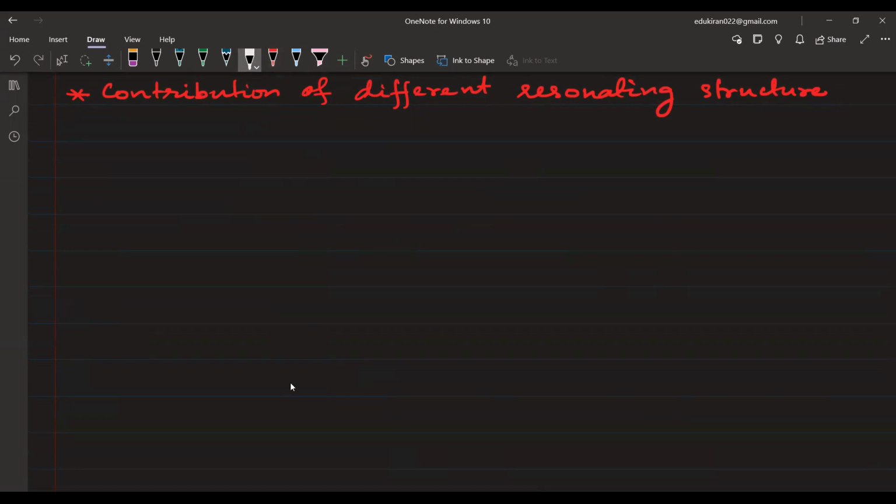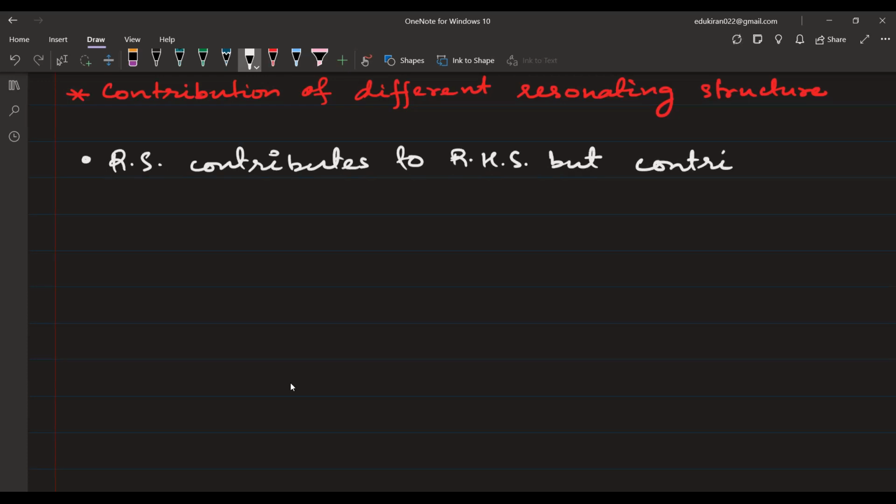But first of all, please write here, number 1 point: resonating structures contribute to the resonance hybrid structure, but the contribution of each resonating structure is not the same.